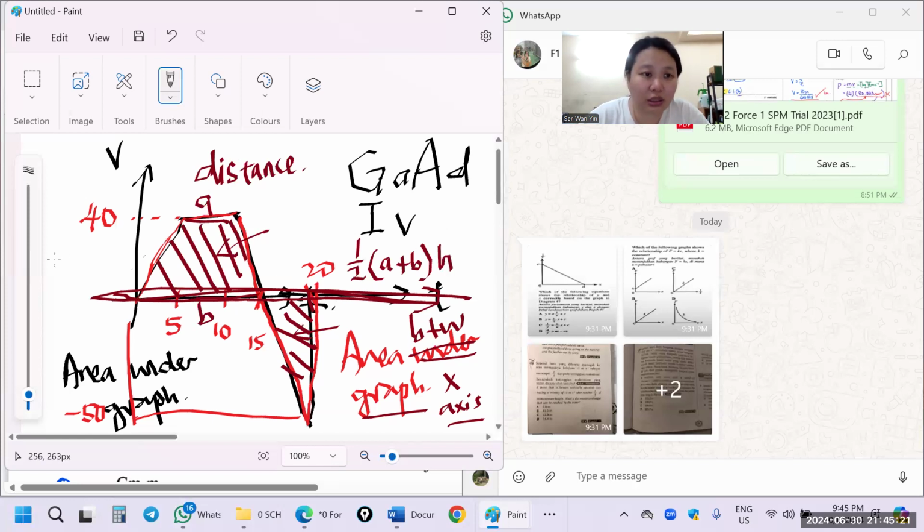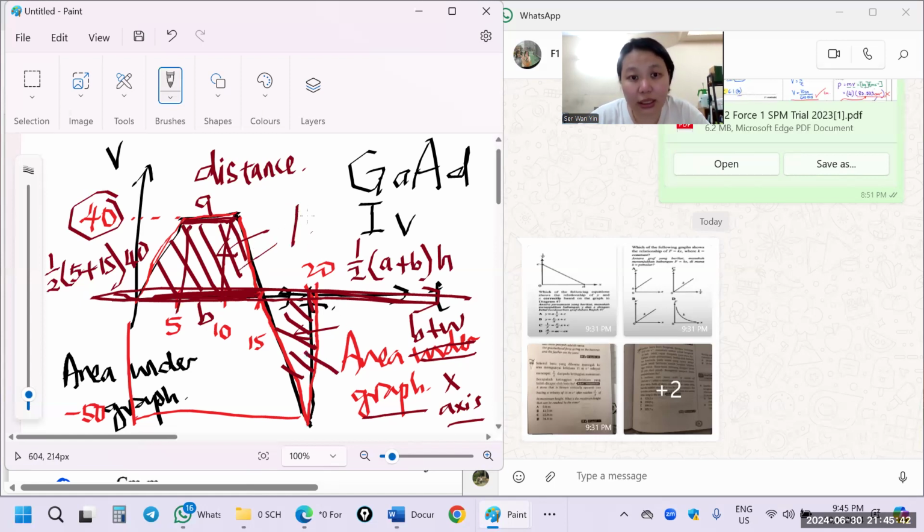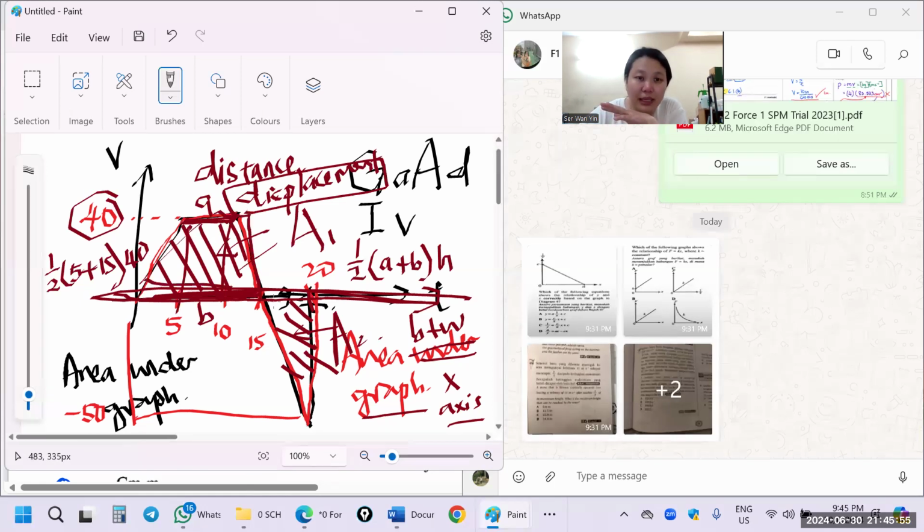So for this question, it will be half times (5 plus 15) times height 40 lah. So if distance, you just add the up one plus the down one. Okay, A1 plus A2. But if they ask for displacement, the positive one minus the negative one, understand?